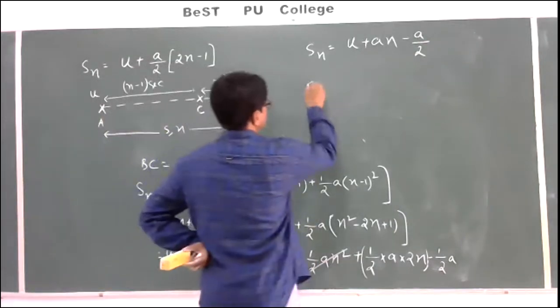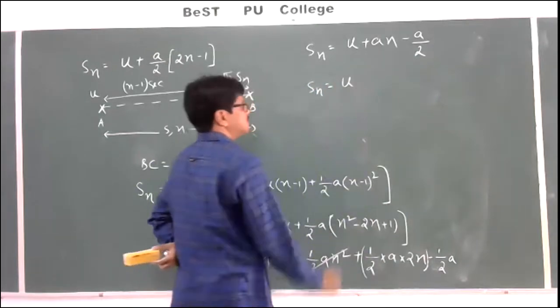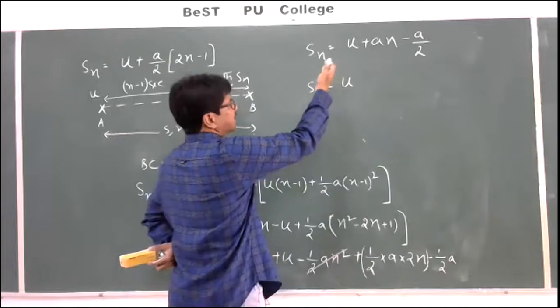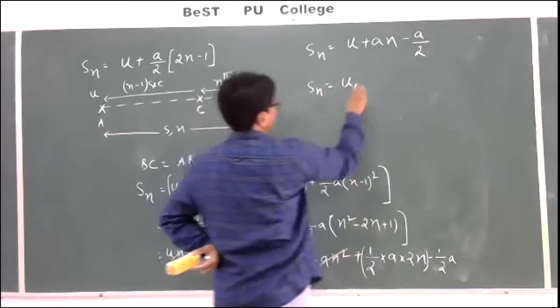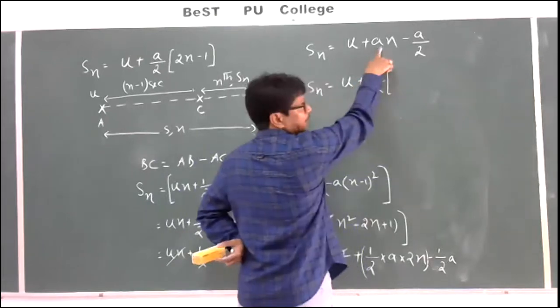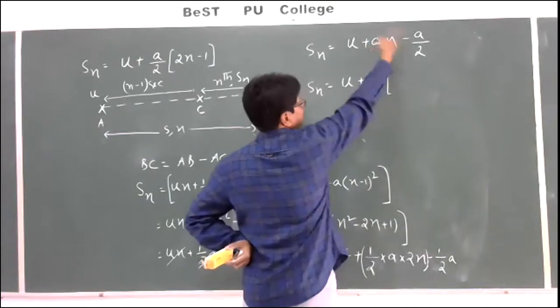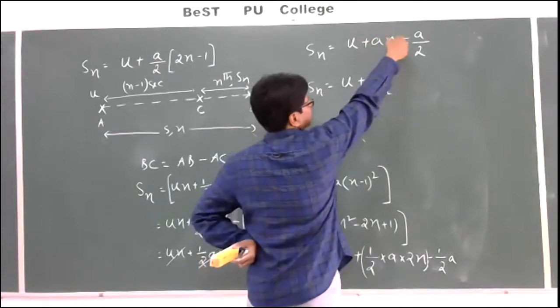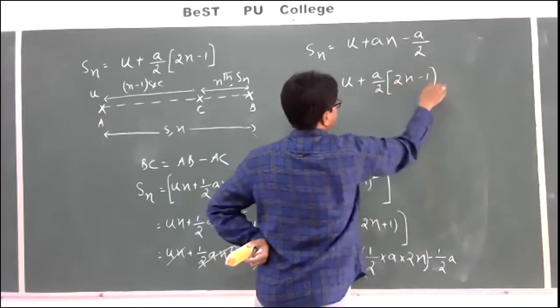From here Sn is equal to u plus, you can take a common also, no problem. Otherwise you take the common of a by 2. I am taking a by 2 common. Already I discussed how to take the common if the 2 is not here: we just imagine multiplying and dividing with 2. So, 2n minus 1.